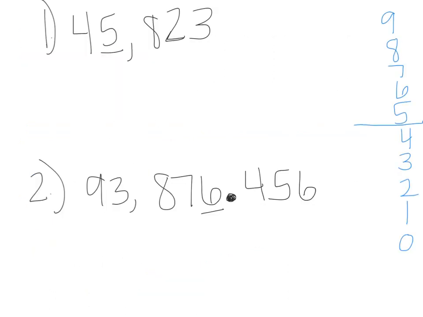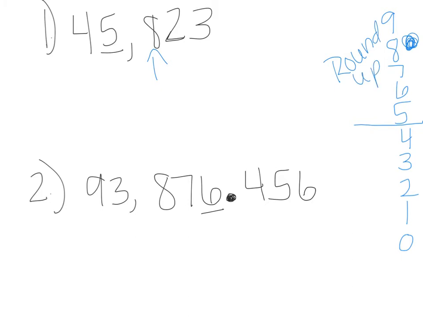Okay, so if we look at our first two examples in our notes, we can see we have 45,823. Okay, my 5 is underlined. That means I'm going to look to my 8 to see what is going to happen to my 5. I can see on my chart over on the side here that my 8 is bigger than 5, so that means it's going to round up.